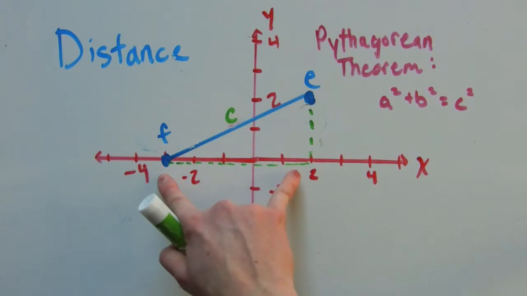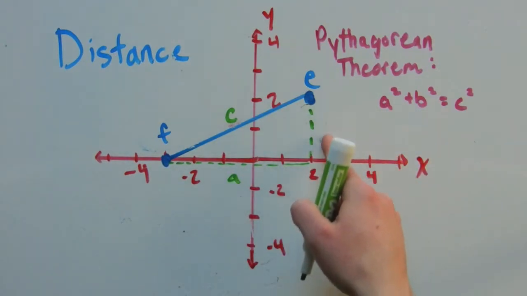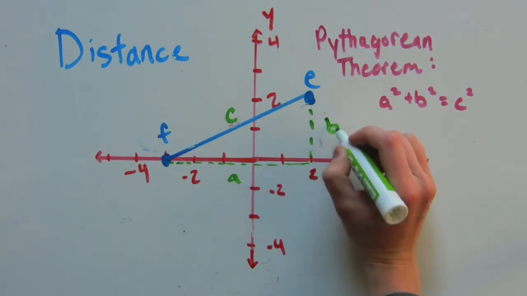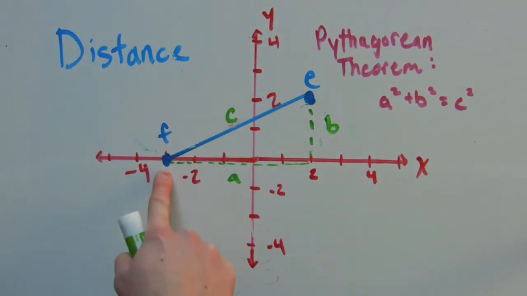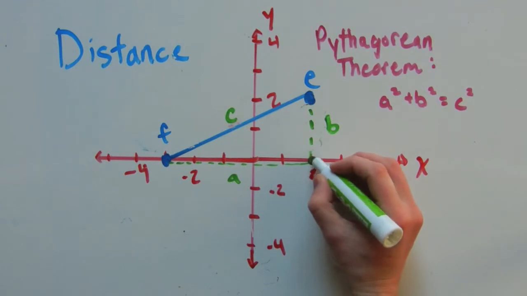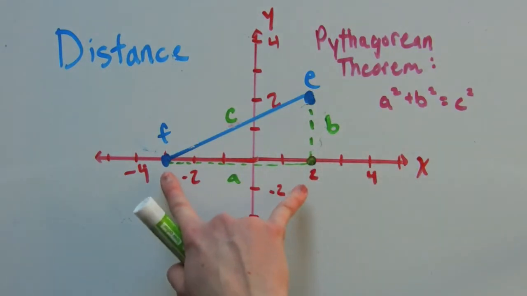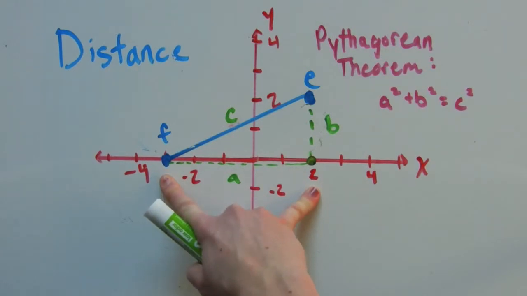So our horizontal distance we're going to label as A, and our vertical distance we'll go ahead and label as B. But these are essentially interchangeable, the labels. So, from this point F to this point where A and B intersect is the distance in the x direction to go from F to E.